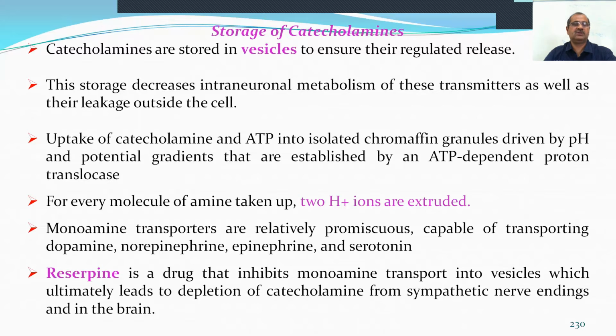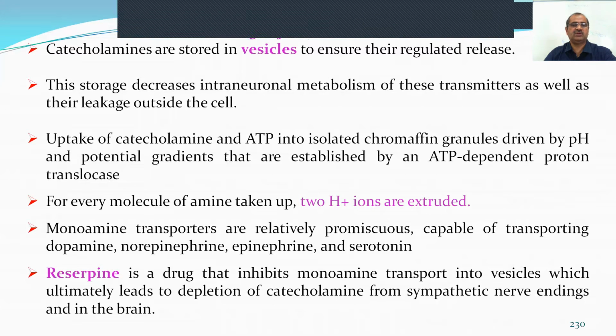And this storage decreases intraneuronal metabolism of the transmitters as well as their leakage outside the cell. When they are stored in the storage vesicle, there is a barrier so that the enzymes cannot act on them.